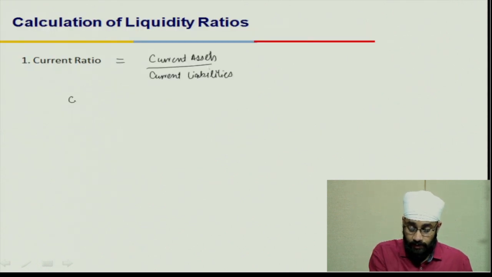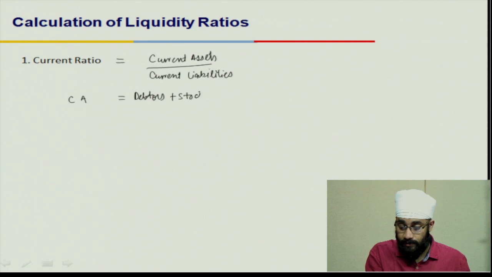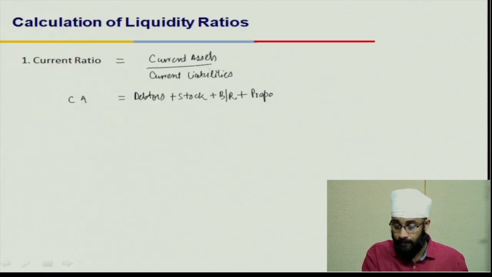So all these items will fall under the category of current assets. Therefore, the total of current assets will be equal to debtors, stock, bills receivable, prepaid expenses, cash, and bank.